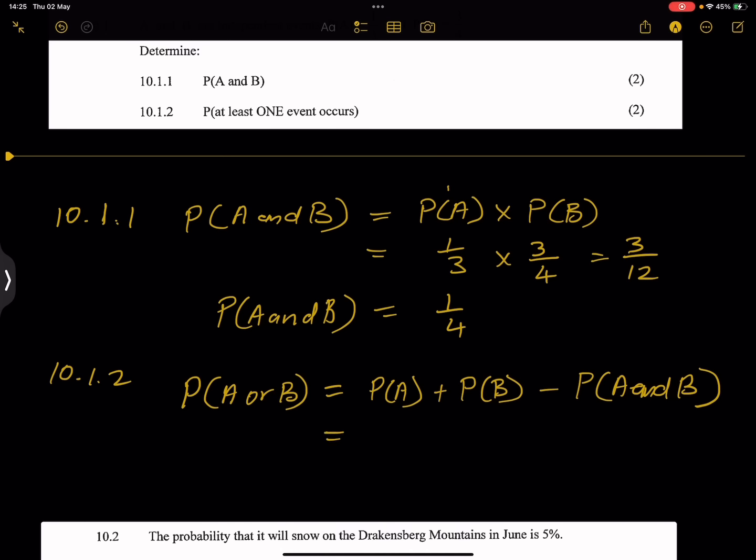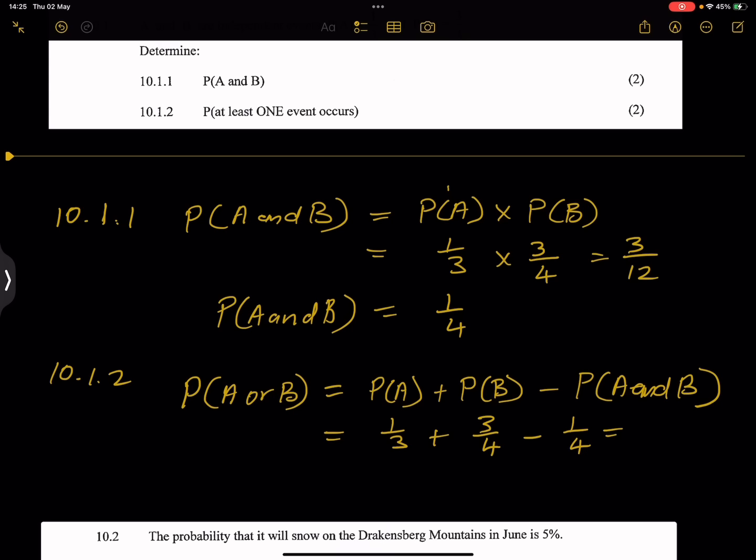So probability of A, we said that's 1 over 3. Probability of B, we said this was 3 over 4. And the probability of A and B is 1 over 4. All right, and we can calculate that.